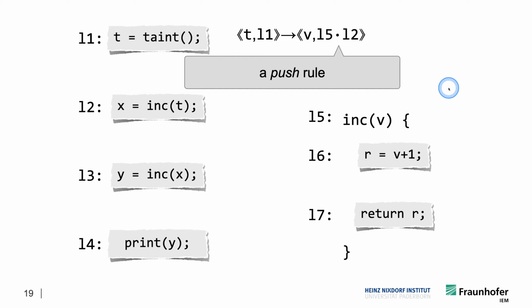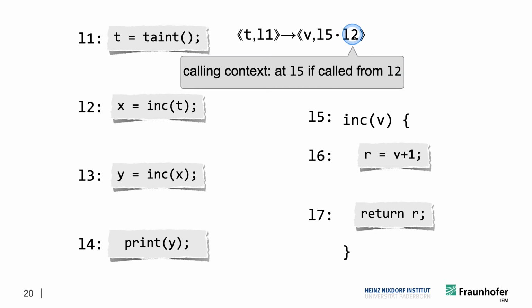Okay. So that's done using this push rule, and it is a push rule because as an additional context, it also stores this line 2 here, right? So that is the calling context, like I explained before. So this is saying at line 5, if called from line 2, V is tainted.